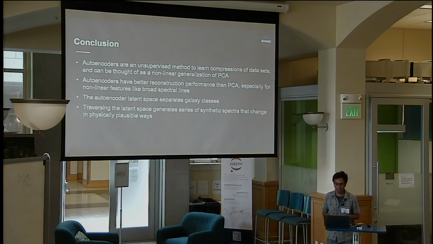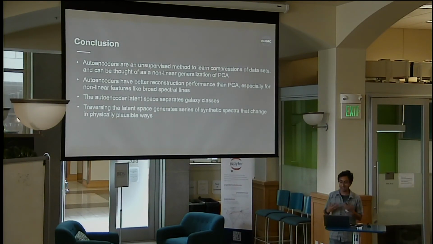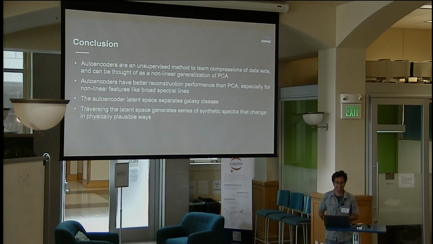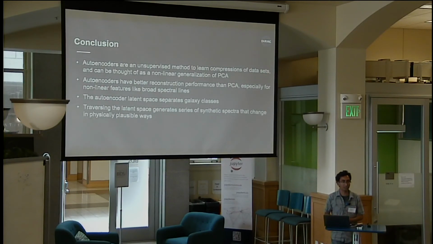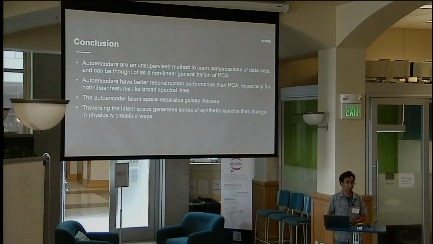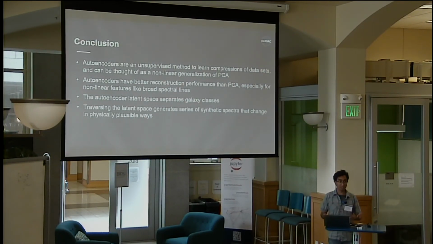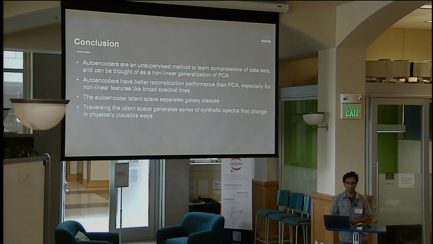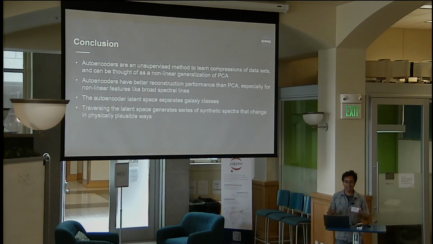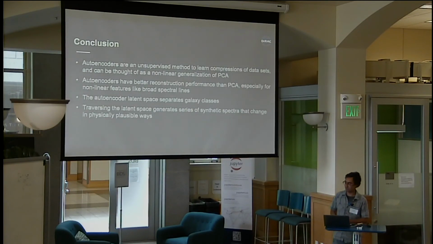So to wrap up, autoencoders are an unsupervised method to learn compressions or representations of data sets. And you can think of them as a nonlinear generalization of principal component analysis. Because of this nonlinearity, they're able to give you better reconstruction performance than PCA with the same number of parameters, and they're able to handle nonlinear features like broad spectral lines.